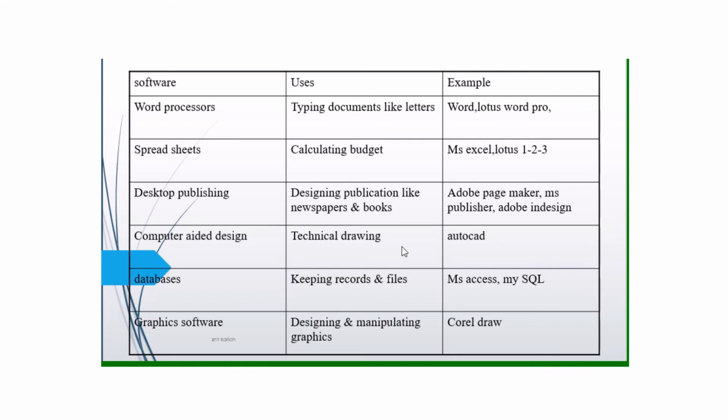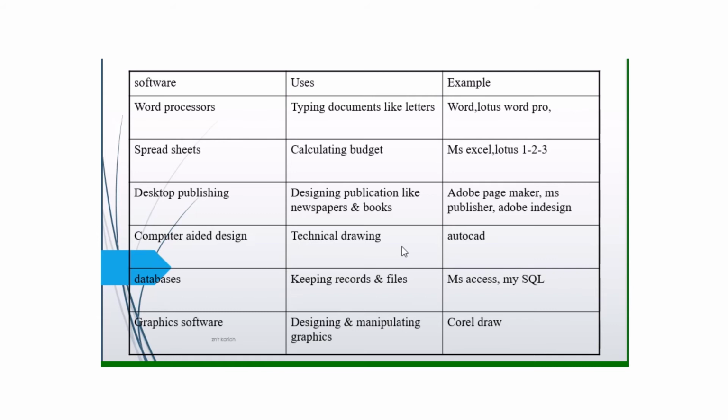Desktop publishing is used to design publications such as newspapers, books, invitation cards, and things like certificates, award certificates, appreciation certificates, etc. Examples are Adobe PageMaker, MS Publisher, Adobe InDesign, etc.